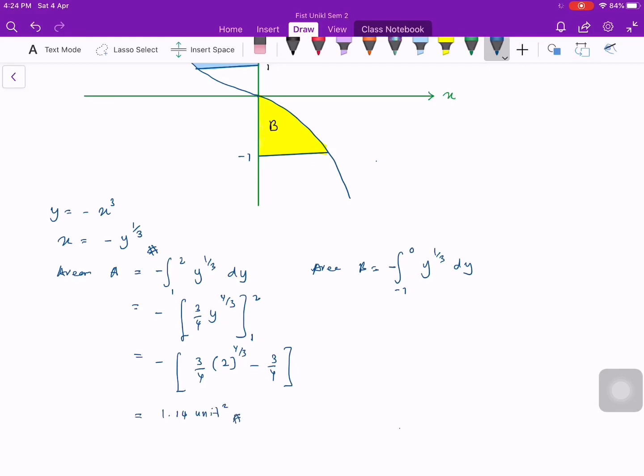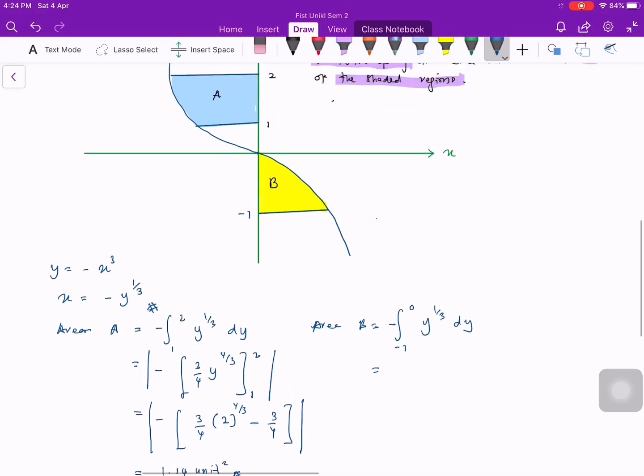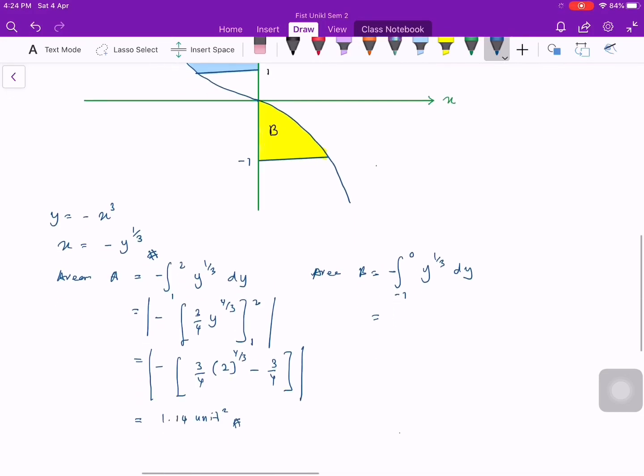Okay, and then for area B, okay, so area B, so remember we have a negative value actually. So since we have a negative value, so dekat sini kita akan letak nilai modulus. Okay, so nilai modulus, so means that kita akan consider a positive value untuk area A tadi, sebab kita calculate area of the shaded region, so we only consider a positive value.